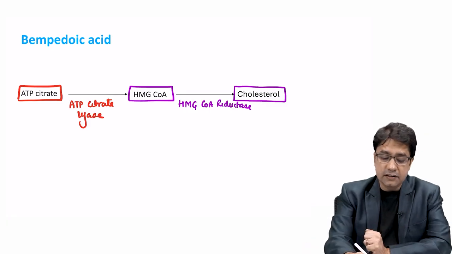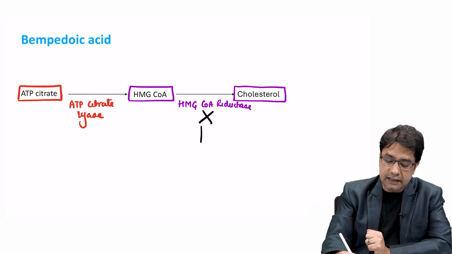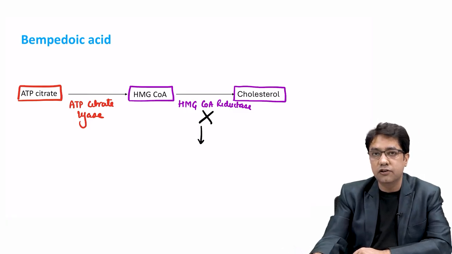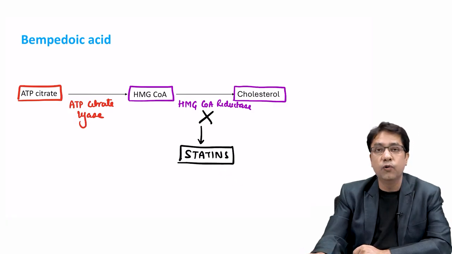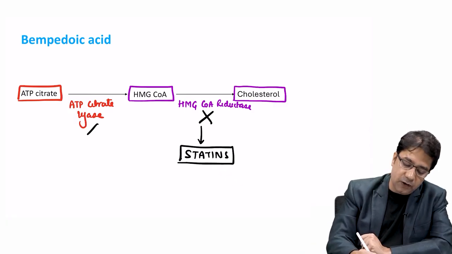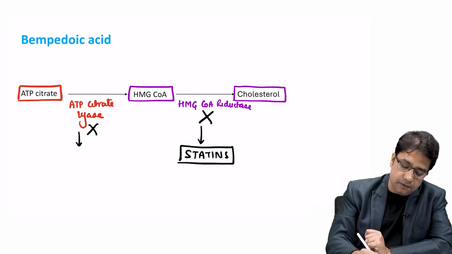Which drugs were inhibiting HMG-CoA reductase and decreasing the production of cholesterol? Those drugs were statins. Now we have a new drug, bempedoic acid. Bempedoic acid inhibits ATP citrate lyase.